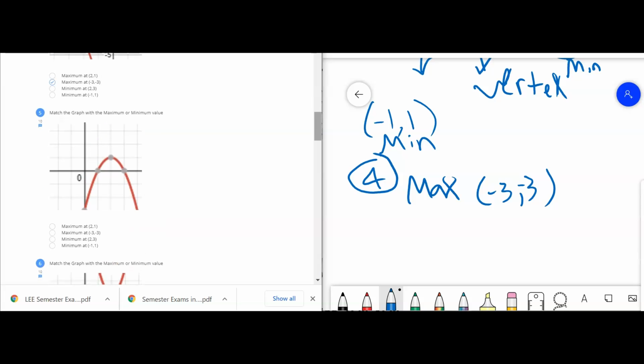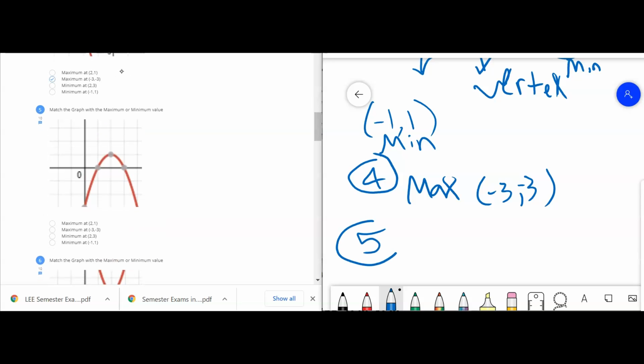Moving it down here on number 5. Is that a max or a min? What do you think? Top of a hill, so that is a max. And where is the vertex? It changes direction at the max, so that's 2 to the right, 1 up, positive 2, positive 1. So it is a max at 2, 1.